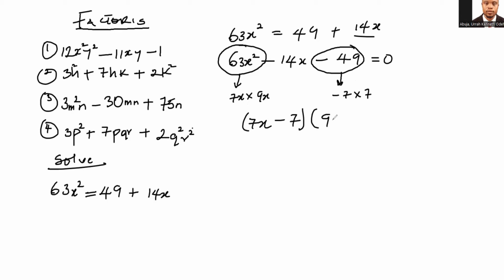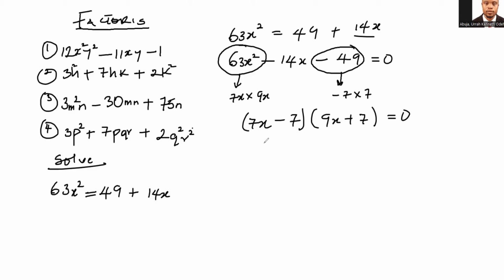We have 9x plus 7, close the bracket, equal to 0. All right, so 7 times 9 gives us 63. 7 times 7 gives us 49. Minus 7 times 9 gives us minus 63. So 49 minus 63 is minus 14.